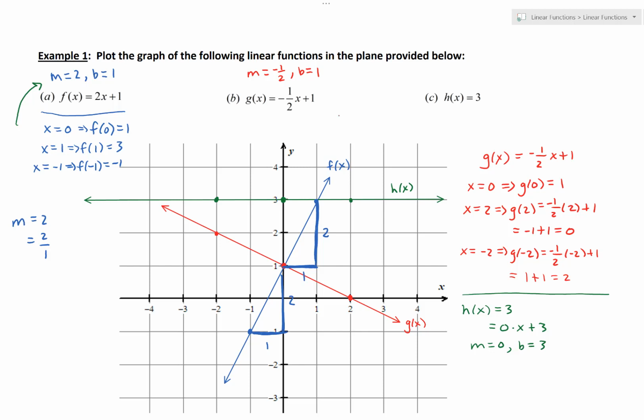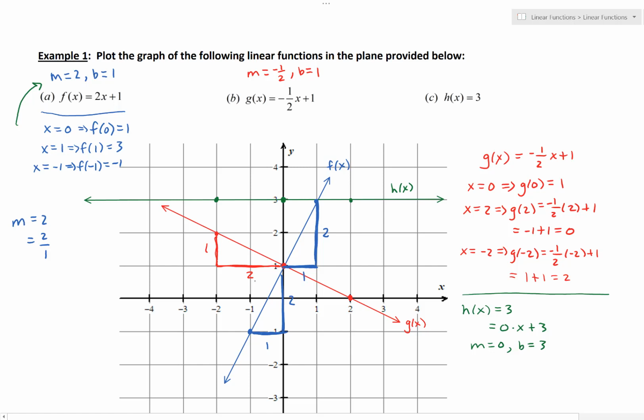In this case, let's just go to the ordered pair (-2, 2). Notice that if I go down 1 unit from there and move to the right 2 units, well, here I've gone down by 1 and I've moved to the right by 2.